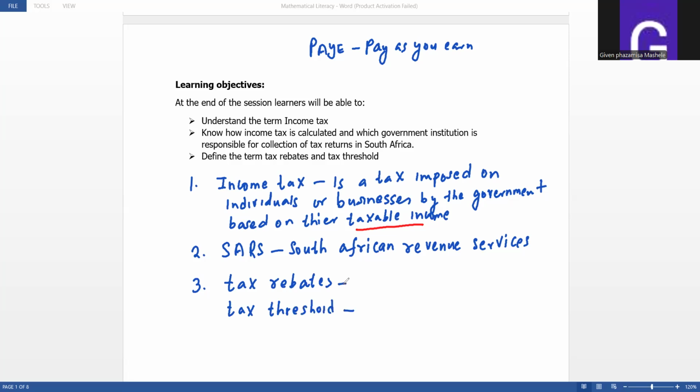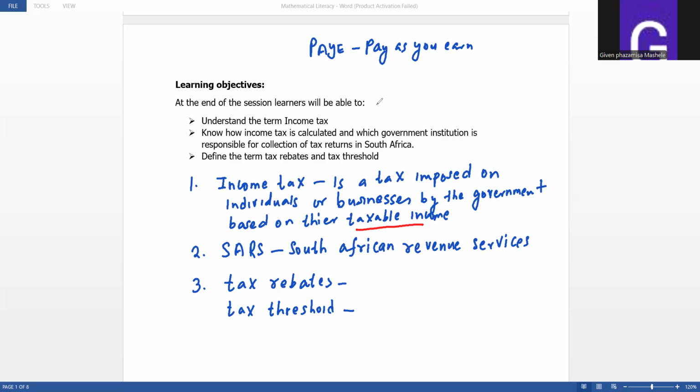Okay, let me first explain what we mean by a tax threshold, then we're going to move on to tax rebates. Right. How do these individuals or businesses actually get taxed by the South African Revenue Services, which is SARS?